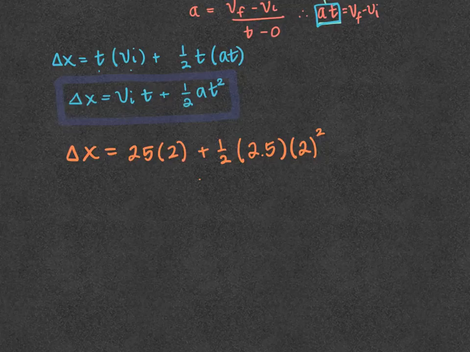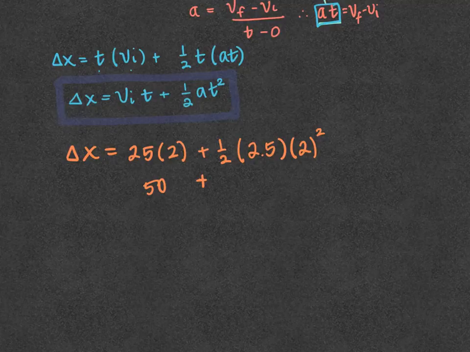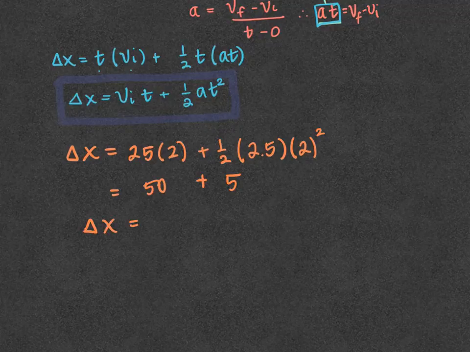So doing our calculation here, 25 times 2 would be 50, plus 1/2 of 2.5 times 2 squared should give us 5. That means that our change in position would be 55 meters.